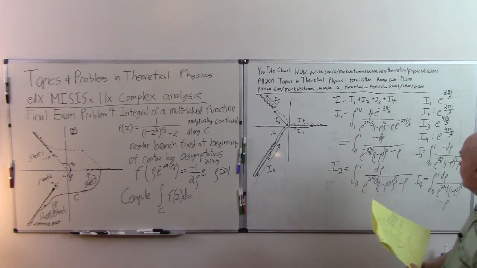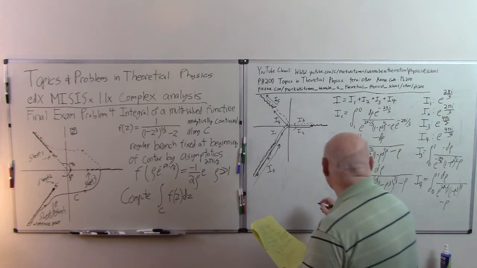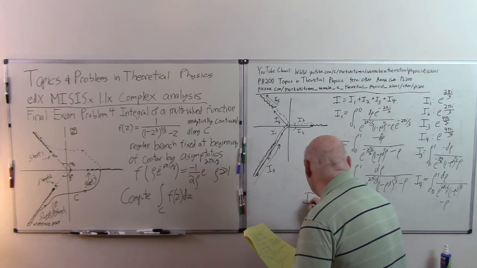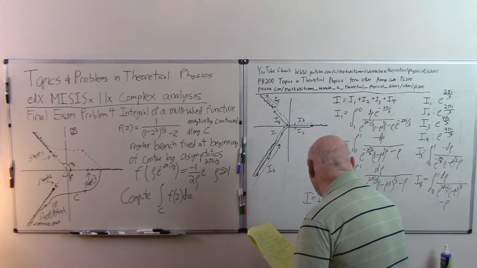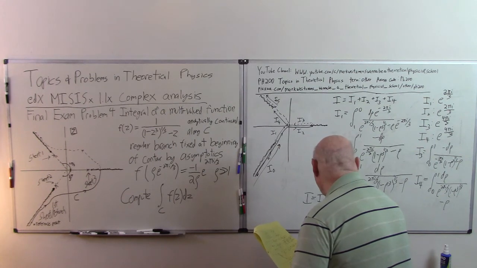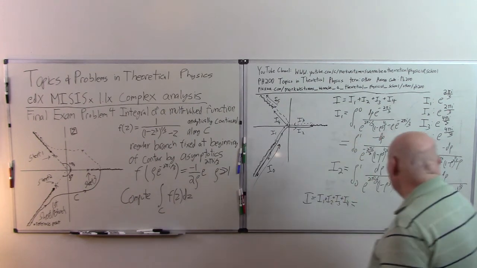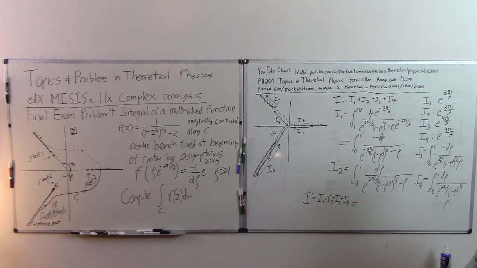So our end result is that I equals I1 plus I2 plus I3 plus I4. Let's get the plus ones, I2 and I4.